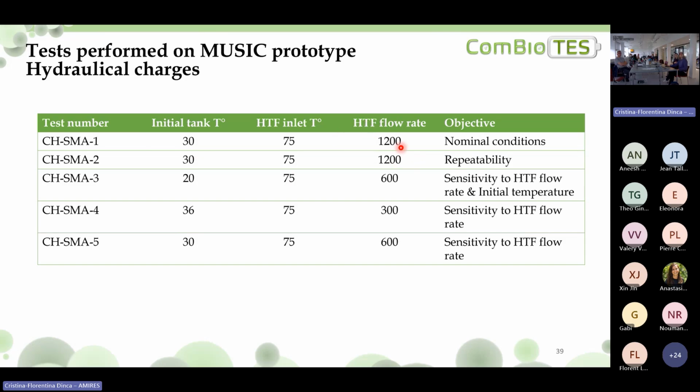The nominal flow rate was 1,200 kilograms per hour, so that's 20 liters per minute. We repeated the test to check if it was repeatable, and we also modified the flow rate and the initial temperature to see the sensitivity of the performance to these parameters.